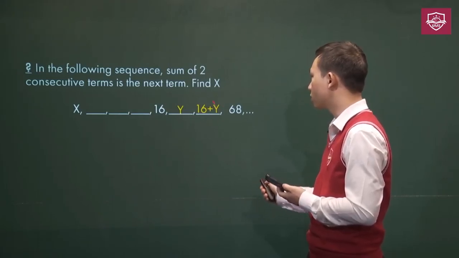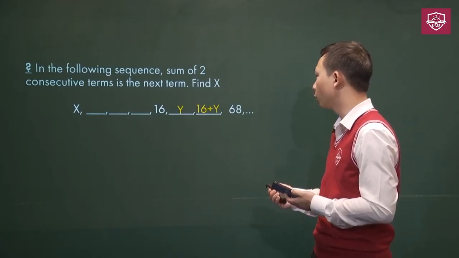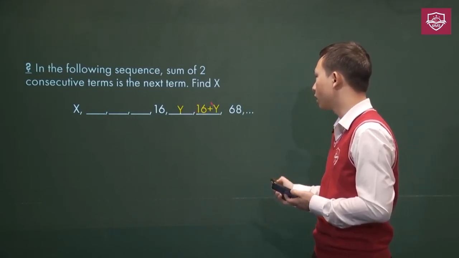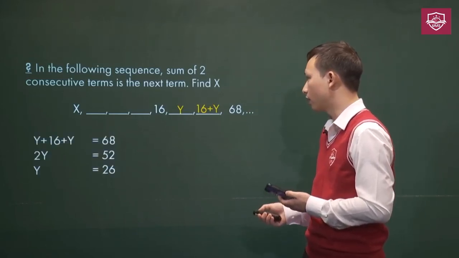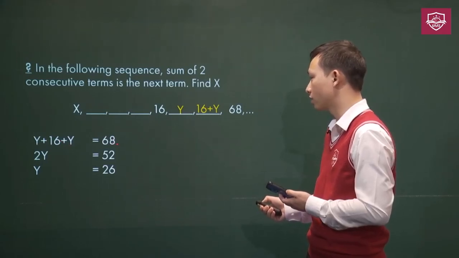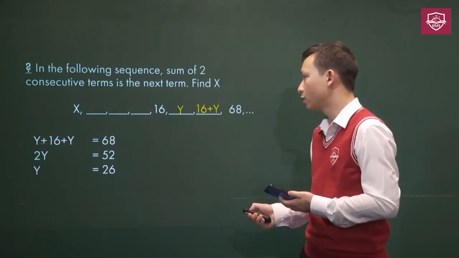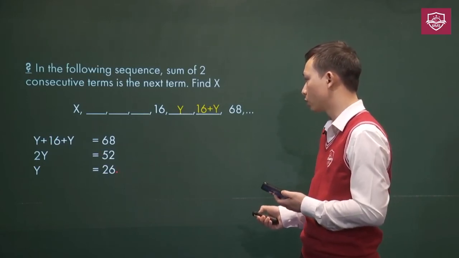And following the rule again, these two consecutive terms add up to make the number 68. It means that y plus 16 plus y equals 68. It means that 2y equals 52, and then y equals 26.